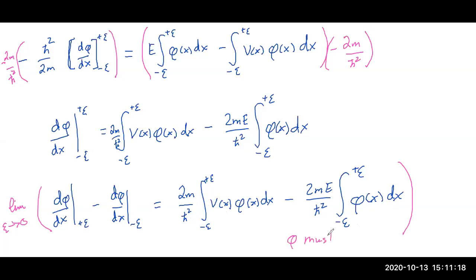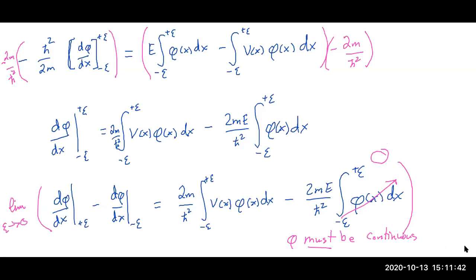Phi must be continuous, which means that regardless, as epsilon goes to 0, this entire integral goes to 0, because I'm just evaluating phi right at that point, which must be continuous. So there must be no difference as this gets infinitely small.